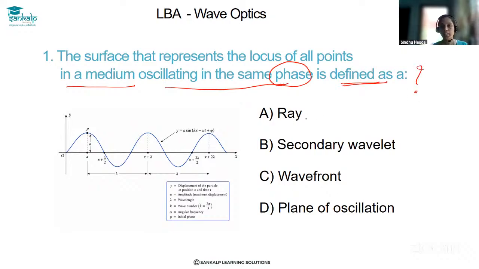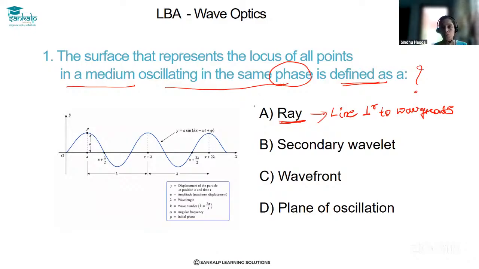First option, ray. Ray is nothing but the line perpendicular to the wavefront, and this ray is usually represented as the direction of energy propagation.